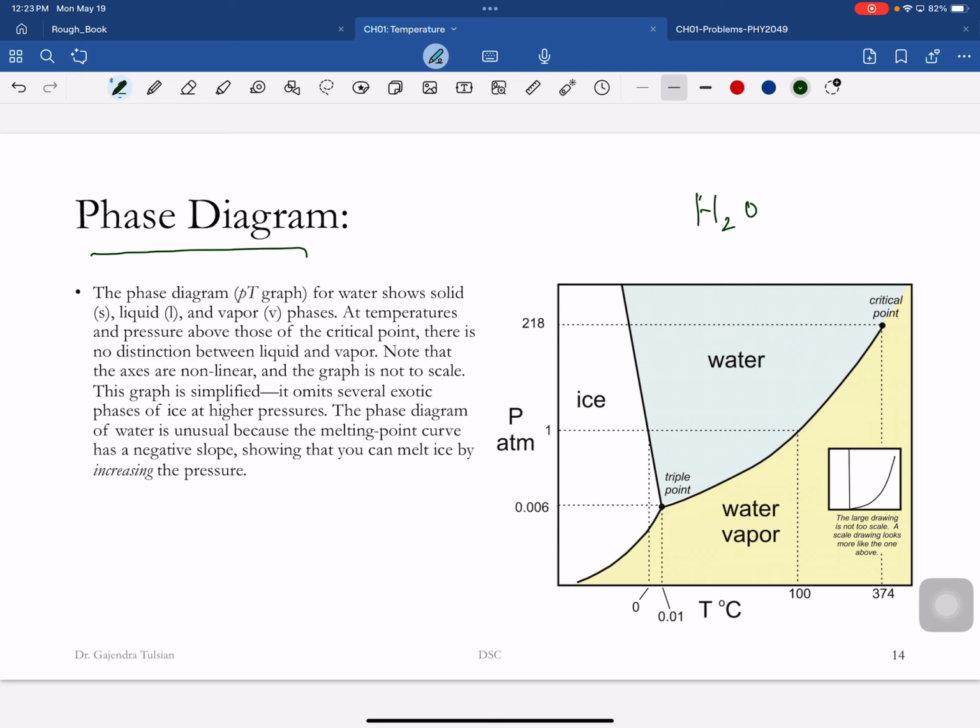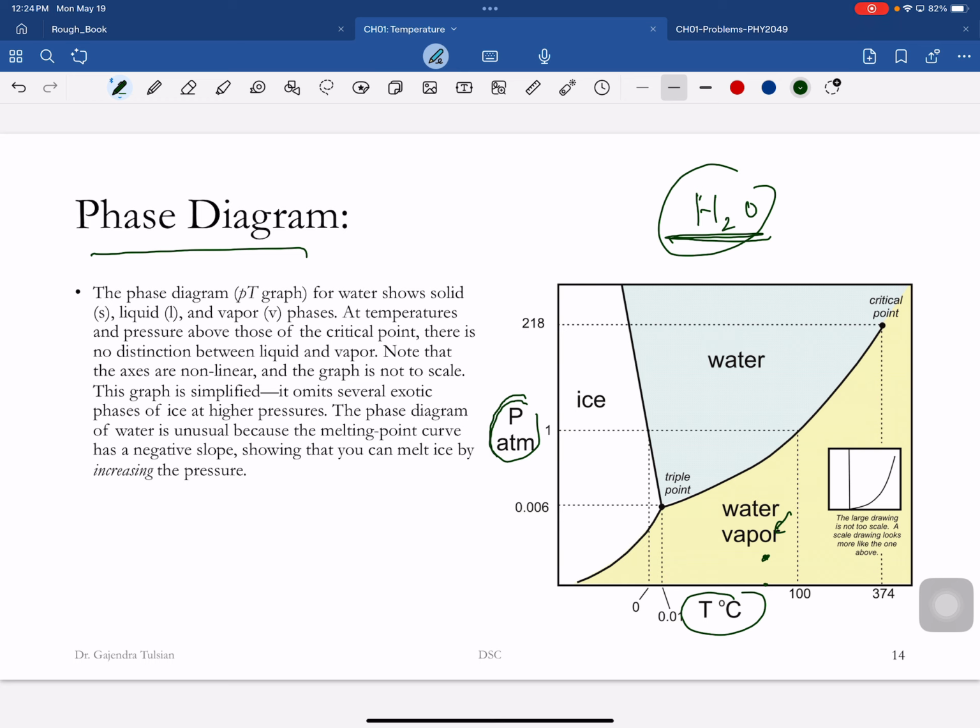You can plot them using any thermodynamic variable. So this is plotted with pressure and temperature. And what this diagram is saying is, at this temperature and this pressure, this substance can exist only in vapor phase.